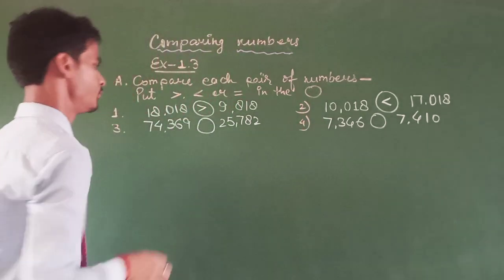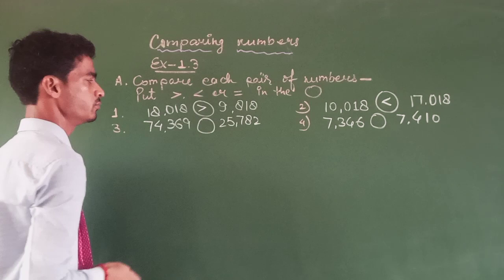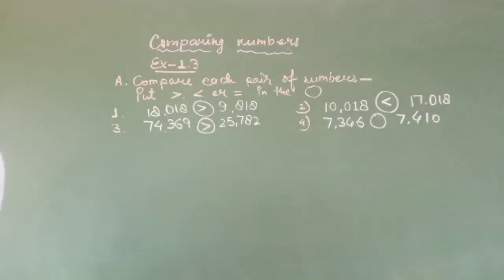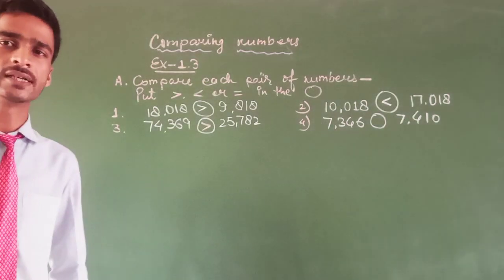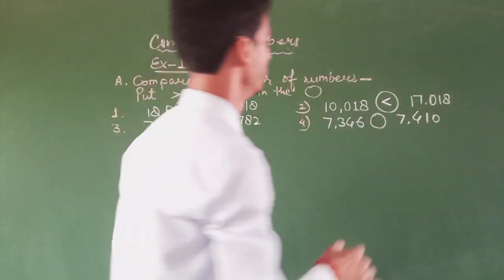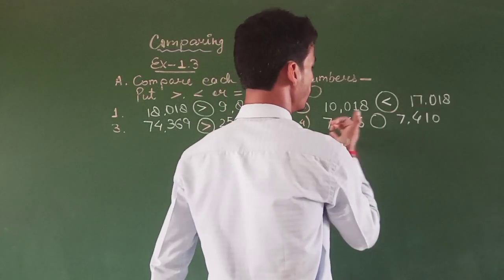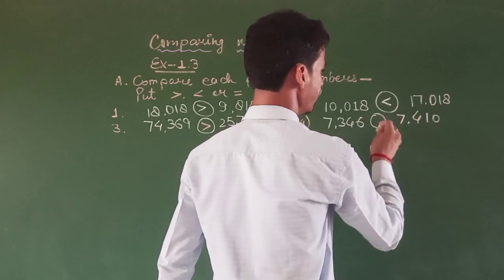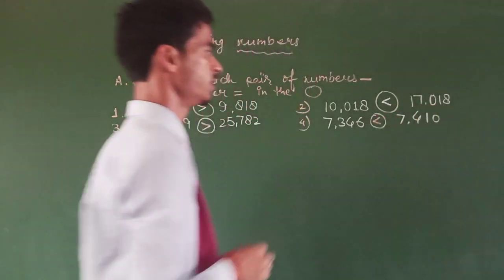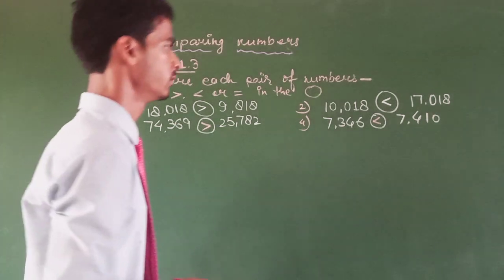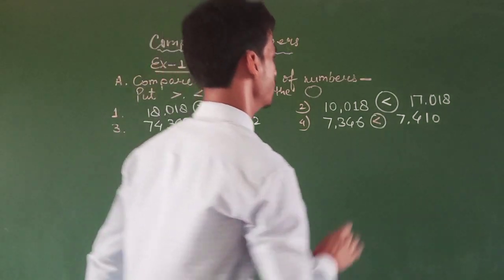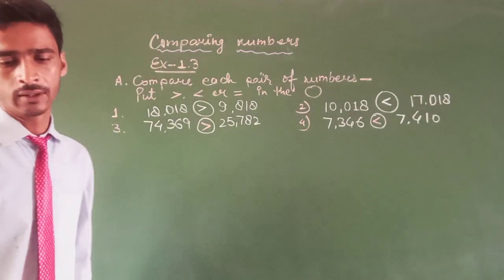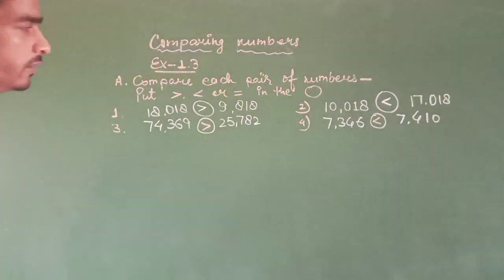When we compare 7 and 2, 7 is greater than 2. So we can say that 74,369 is greater than 25,780. In the next pair, the 7 is the same, the 1,000 place is the same, and on the 100 place it is 3 and 4. 4 is greater than 3, so 7,410 is greater than 7,346.